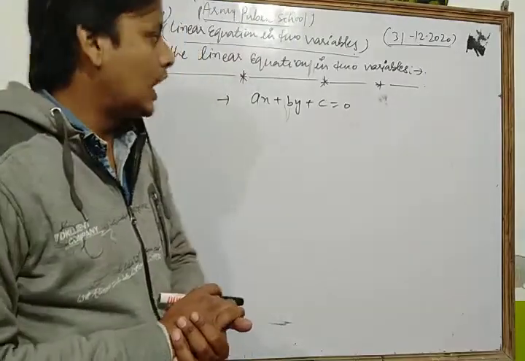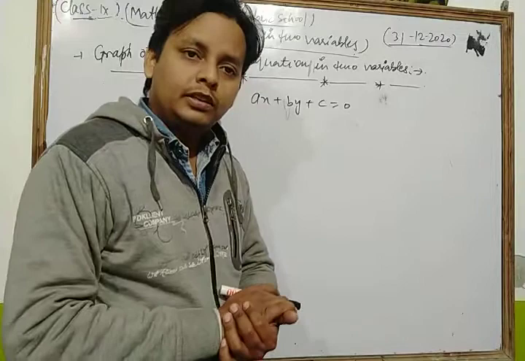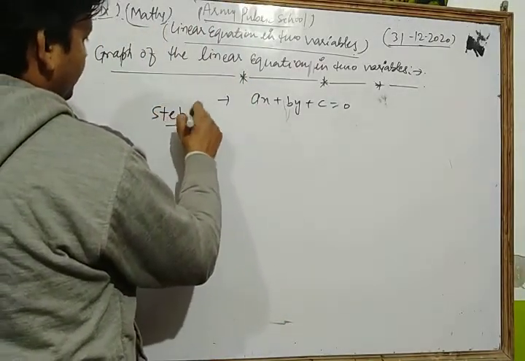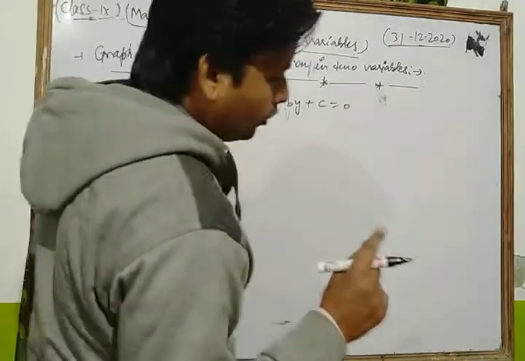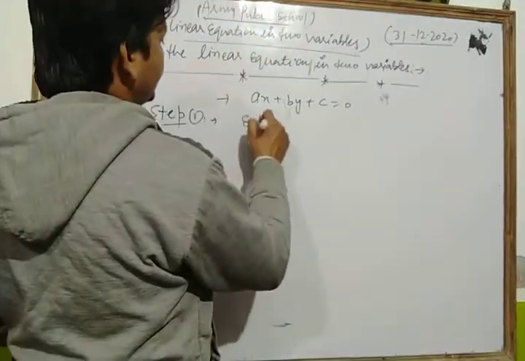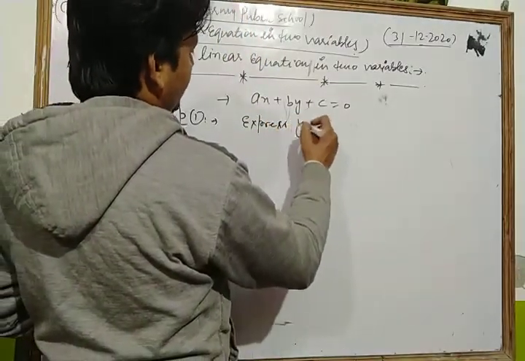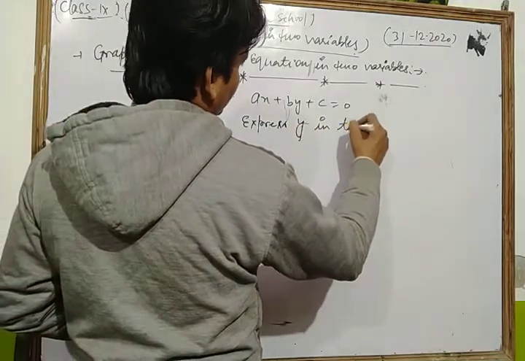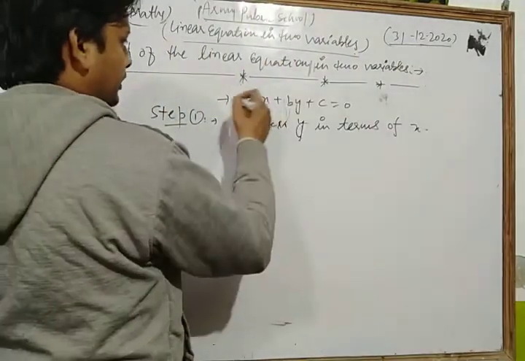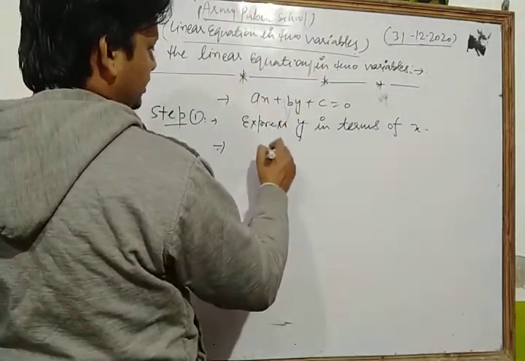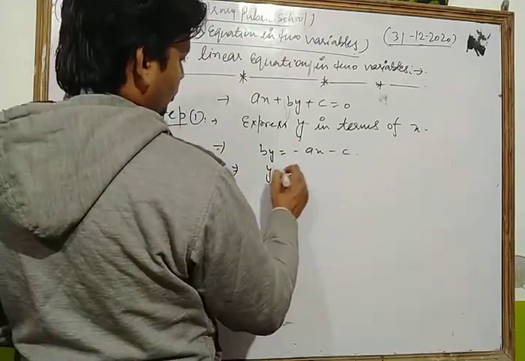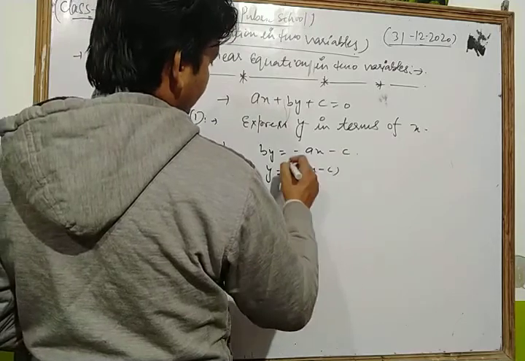Now, dear friends, in the first step we express y in terms of x. Suppose from the equation we write by is equal to minus ax minus c, that is, y is equal to minus ax minus c upon b.